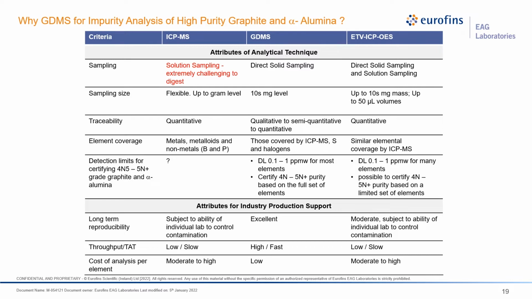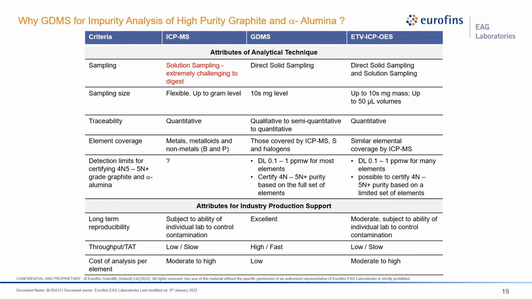That forces us to look into the options of solid sampling techniques, let's say glow discharge mass spec and ETV. ETV is another emerging technique that people have been excited about. It has a lot of similar features to ICP-MS, as it is quantitative. It has similar elemental coverage and low detection limits for many elements. It's possible to certify 4N-5N purity based on a limited set of elements. But there are also challenges.